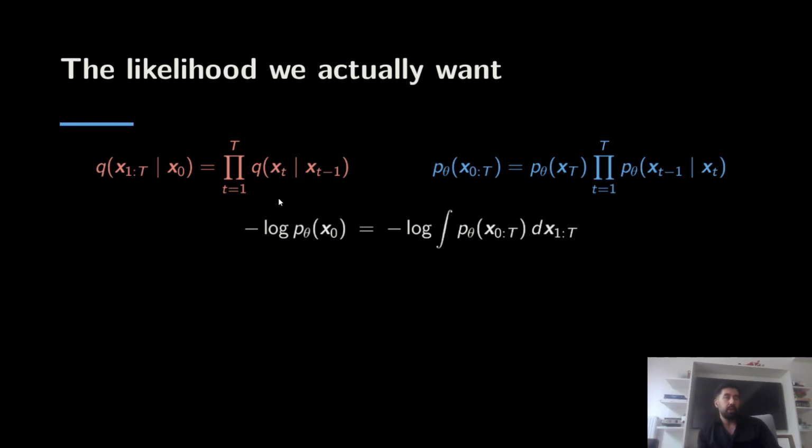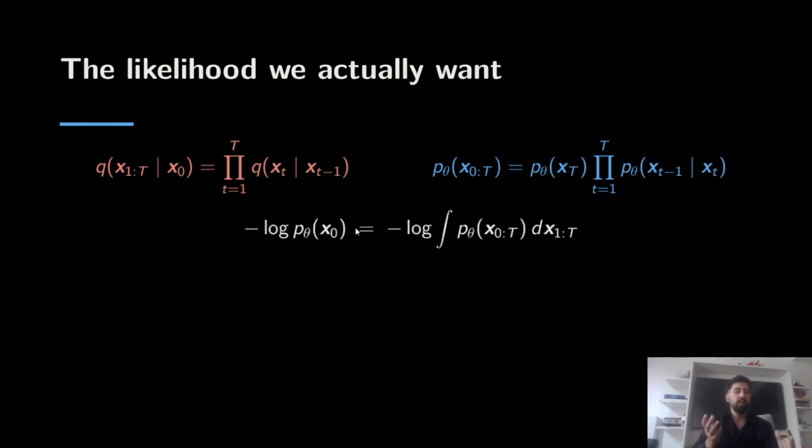So, just like in the variational autoencoder video, we try to maximize the log likelihood, which is equivalent, because in training we try to minimize, to minimizing the negative log likelihood. So maximizing the log likelihood is equivalent to minimizing the negative log of p theta of x0.